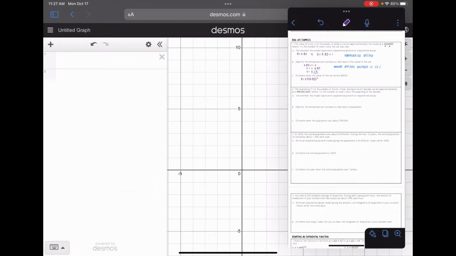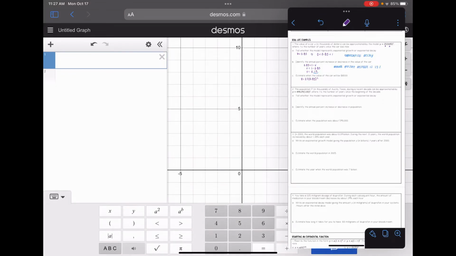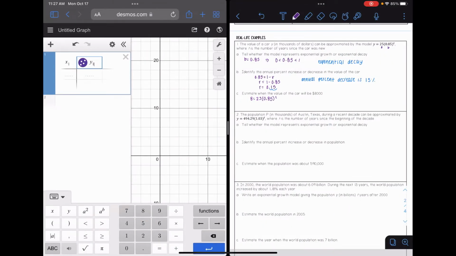So going here, I want to go ahead and add a table. And I'm going to replace this y1 with my function. And that is 25, parentheses, 0.85.